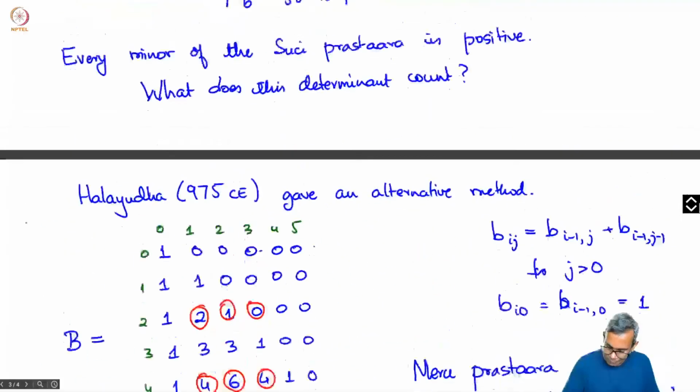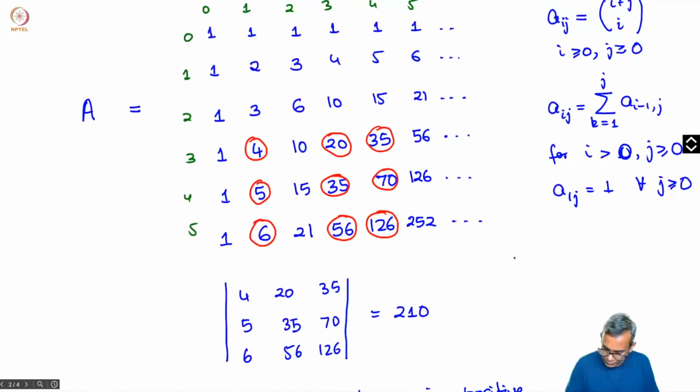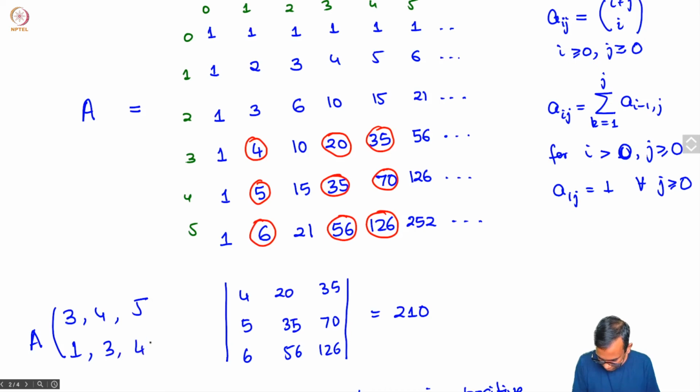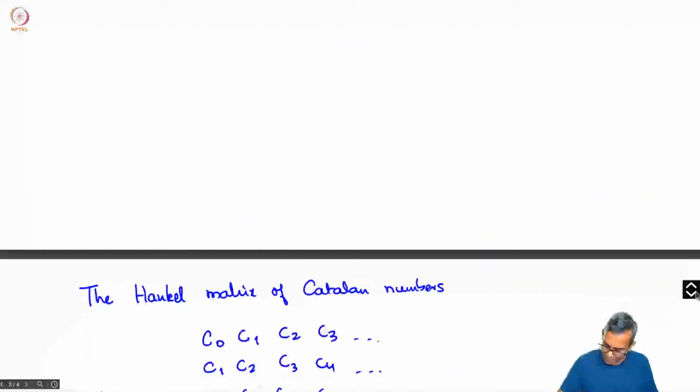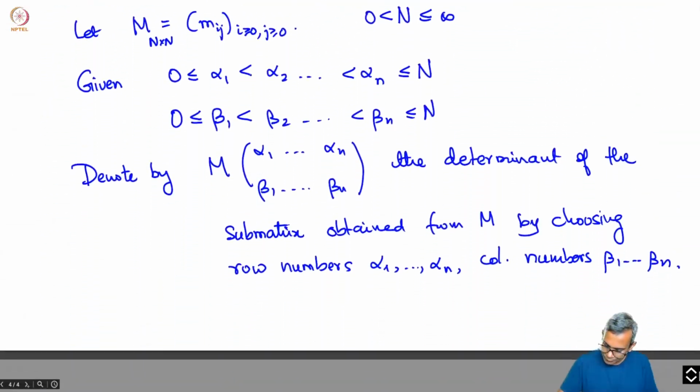So in this example here, this determinant here is A of, we have chosen row numbers 3, 4, 5, and we've chosen column numbers 1, 3, 4. And that is this minor.